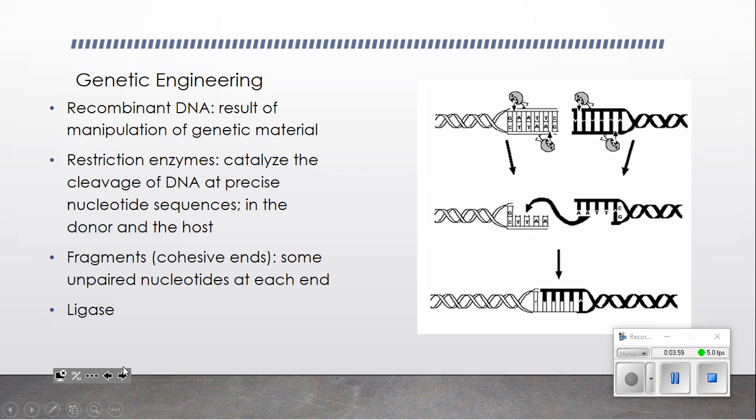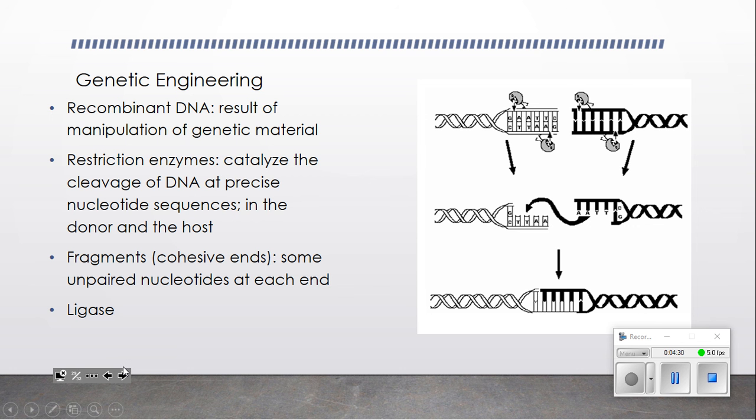So when those restriction enzymes cut, notice how they're going to leave, both of them, some unpaired nucleotides at each end. And I know it's tiny, but on this end, the unpaired nucleotides are T, T, A, A. And on the other side, the unpaired nucleotides are A, A, T, T, the exact complement of the other side.